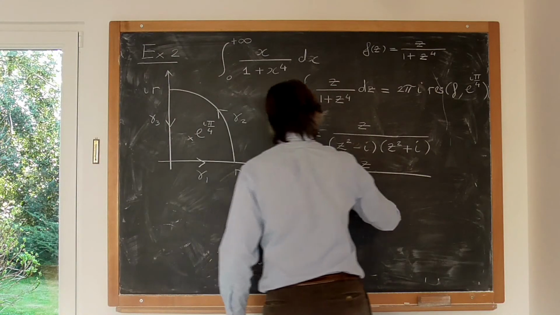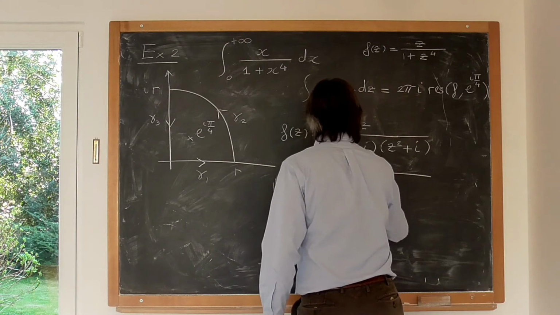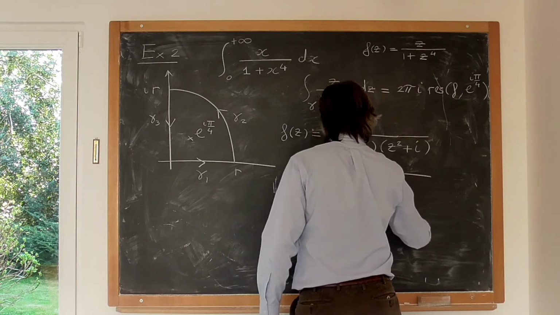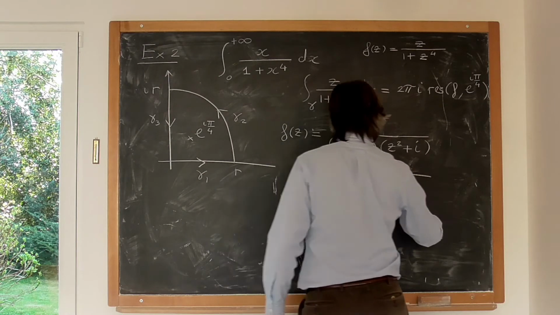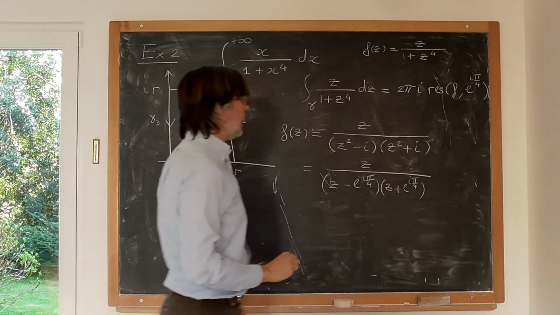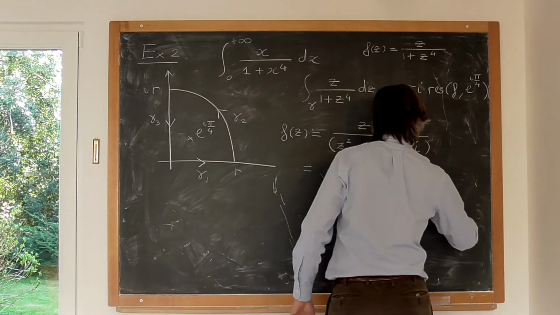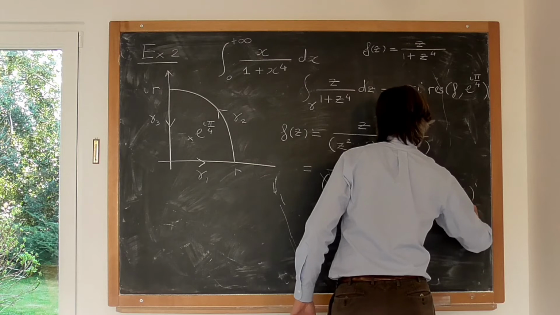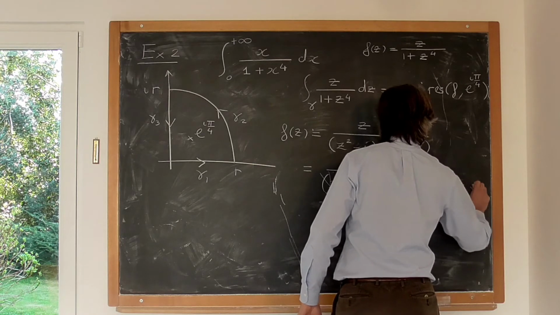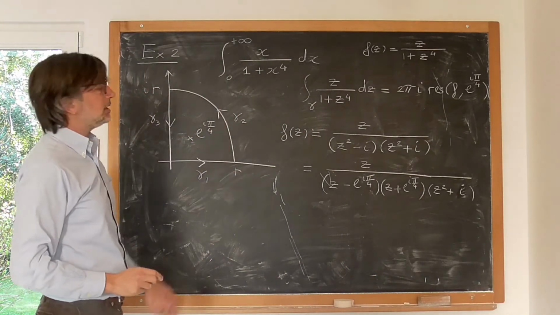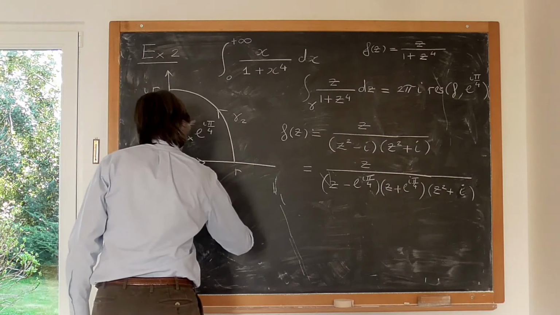So this we can split as z minus e to the i pi divided by 4, times z plus e to the i pi divided by 4. And this piece, we can also leave it all together without factorizing it. This is z squared plus i.